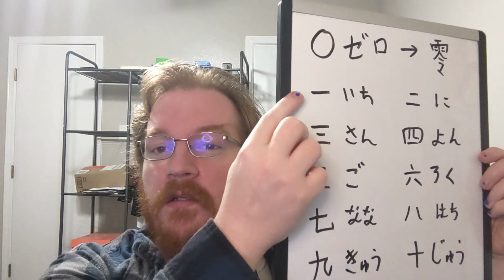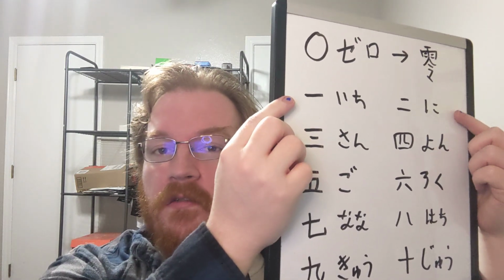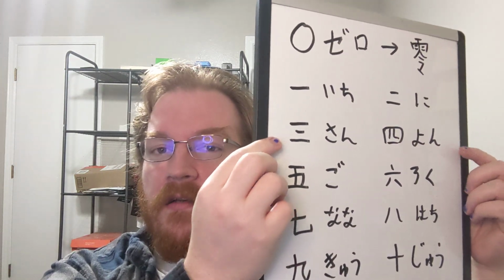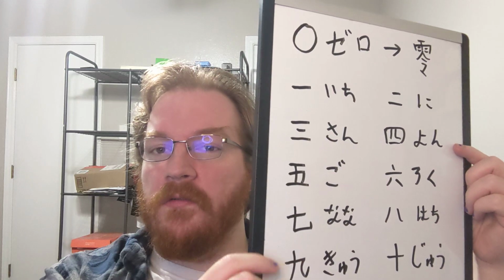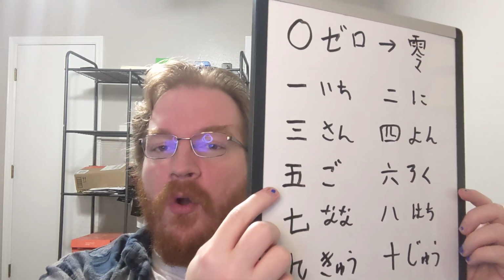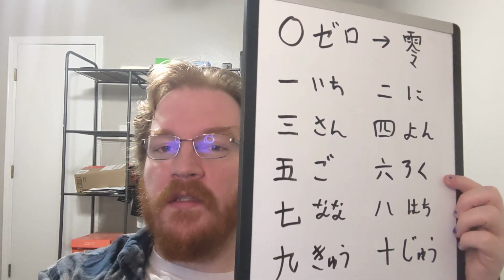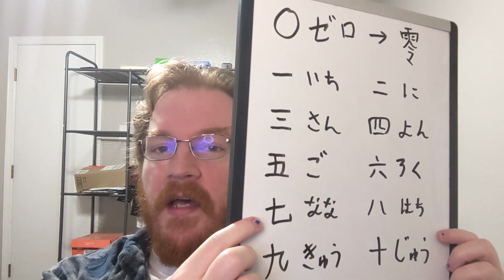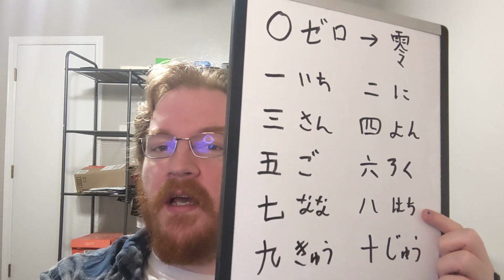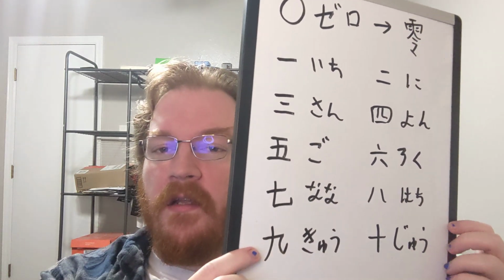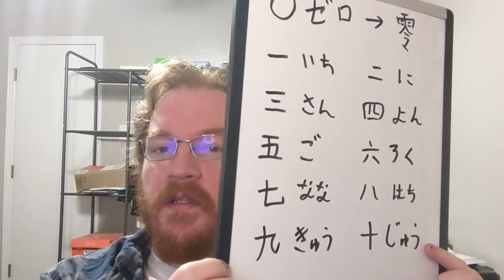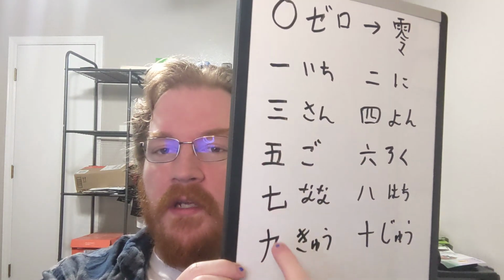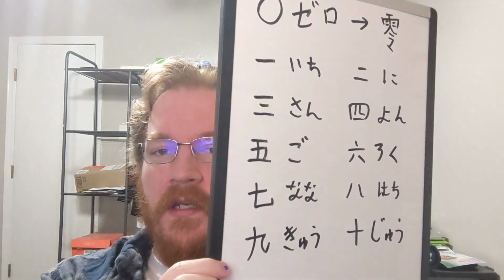So 1, ichi, 2, ni, 3, san, 4, yon, 5, go, 6, roku, 7, nana, 8, hachi, 9, kyu, and 10, ju. So as you can see, I have the kanji written here, and then the hiragana reading here.